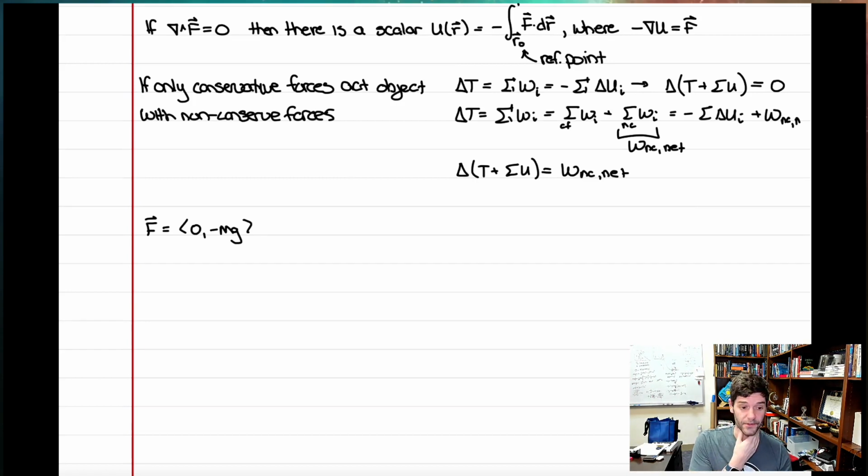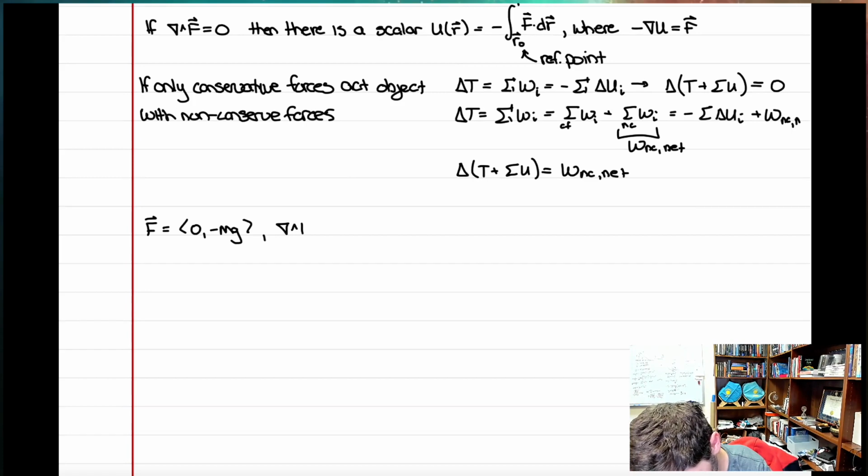Constant gravitational force. It's a constant function, so very easily I can write down that the curl is going to be 0.